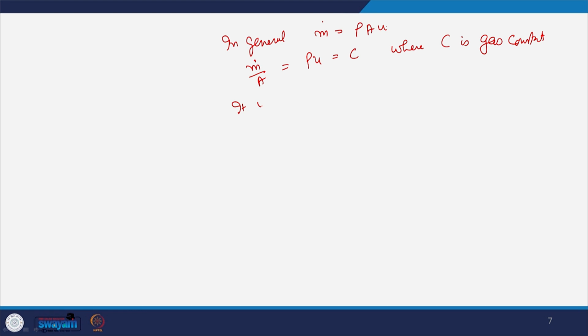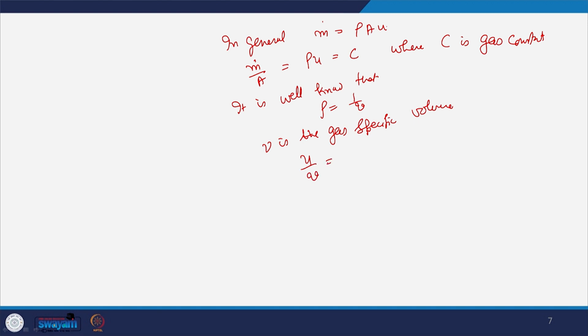Now, it is well known that rho is equal to 1 upon V, where V is the gas specific volume. Therefore, U upon V is equal to C in this particular equation.